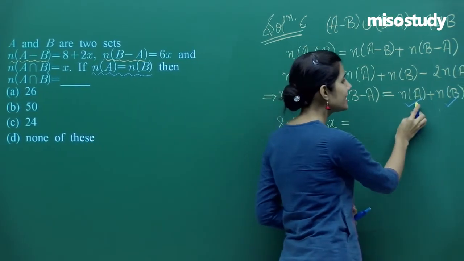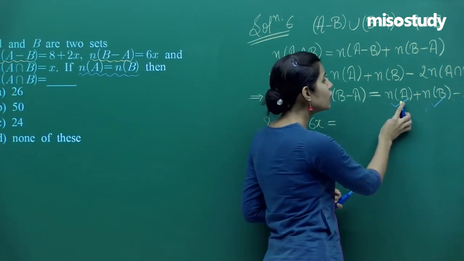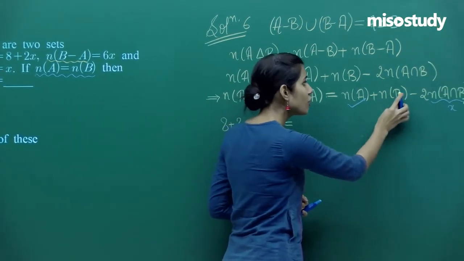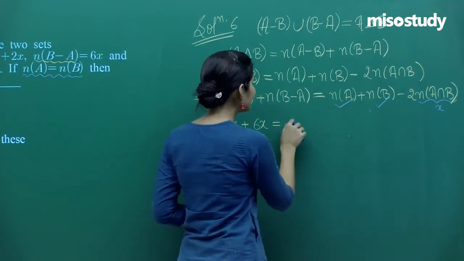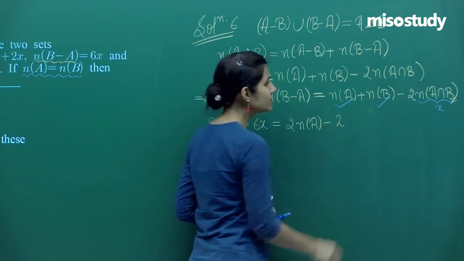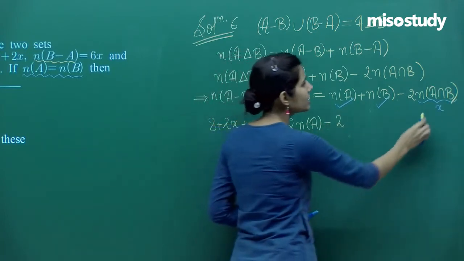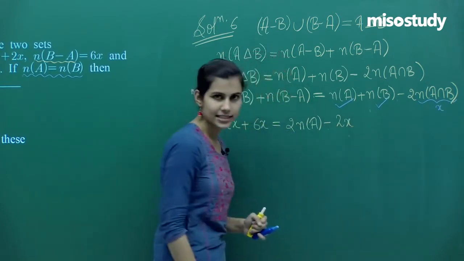Therefore, just put that value. The number of members in A plus the number of members in B can be written as the number of members in A plus the number of members in A, because both these numbers are the same, and you get twice the number of members in A minus 2 times x, because the number of members in A intersection B is x.